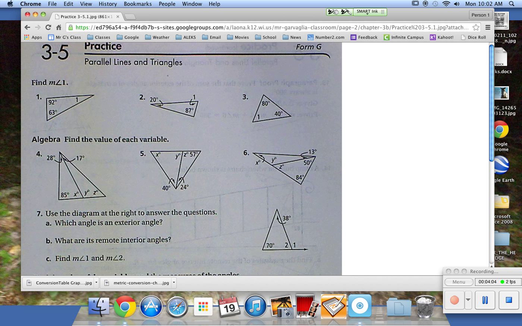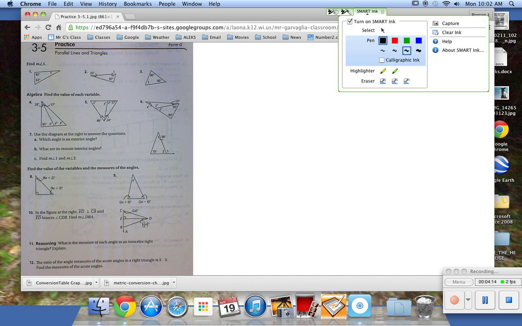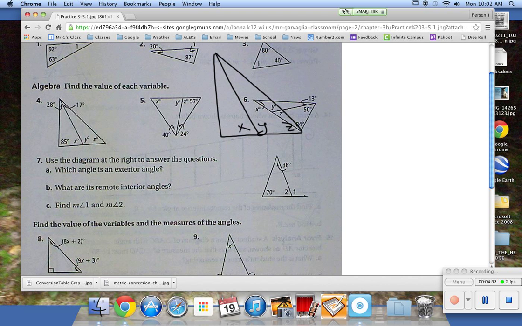They've got angles X, Y, and Z. And if you can't see that well, I'm going to rewrite this so we can work with it. X, Y, and Z. And that's what, 85 degrees? I can't even read that. 85, 28, and 17.